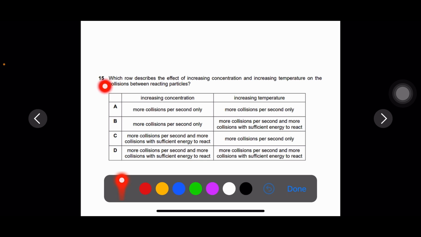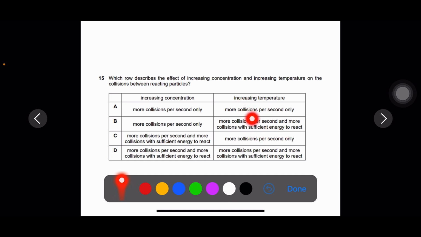Question number 15. Which row describes the effect of increasing concentration and increasing temperature on the collisions between reacting particles? Increasing concentration increases the collisions per second. Increasing temperature also affects the kinetic energy of particles, so they will have more collision energy, more collisions per second and more collisions with sufficient energy to react.